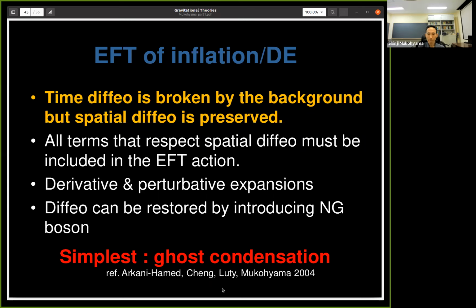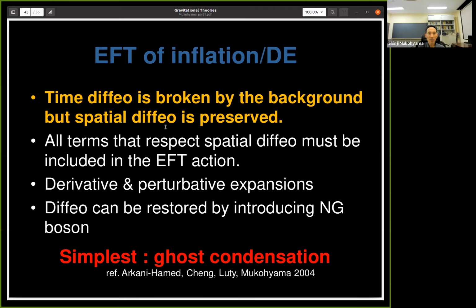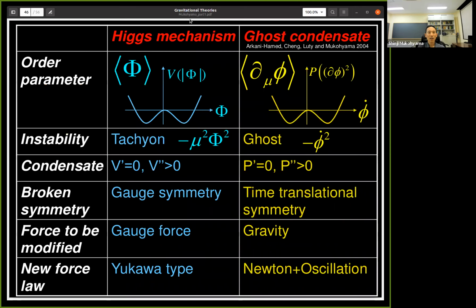So the ghost condensate is a kind of analog of the Higgs mechanism. As you can see from this sentence, we specify the pattern of symmetry breaking. If you hear a word like symmetry breaking, of course you remember the Higgs mechanism. So the ghost condensate is exactly the analog of the Higgs mechanism in gravity.